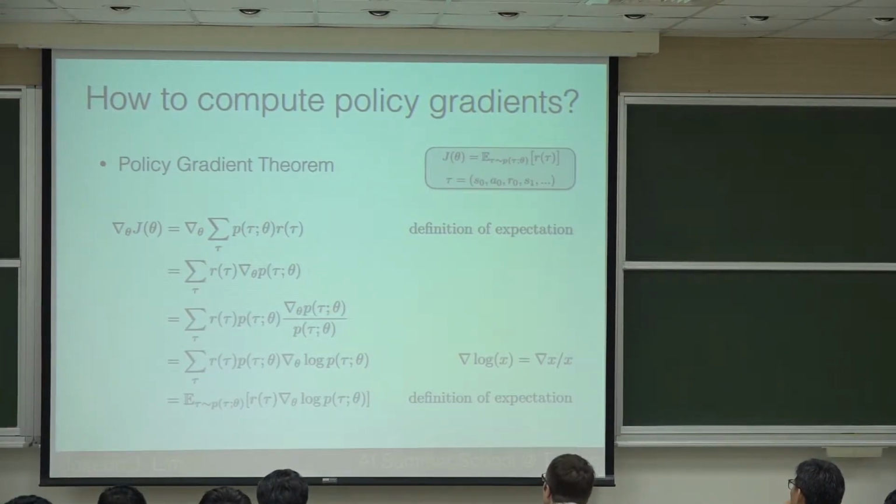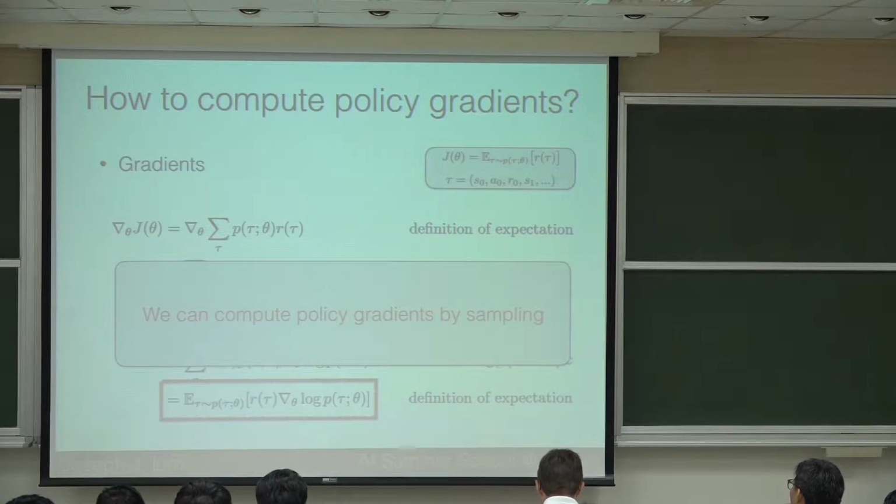But why is it important? Based on this, we can compute the policy gradient by sampling. Because we cannot directly compute this probability gradient, since this P depends on theta.